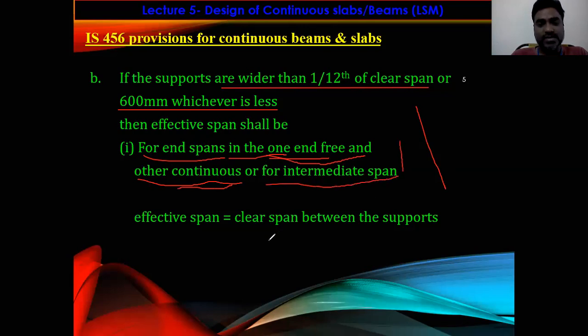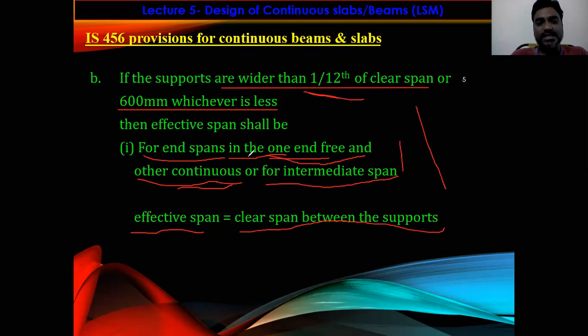For these cases, the effective span is equal to the clear span between the supports, which you can take directly. So this is the case if the width of the support is greater than 1/12 of the clear span or 600 mm, whichever is lesser.